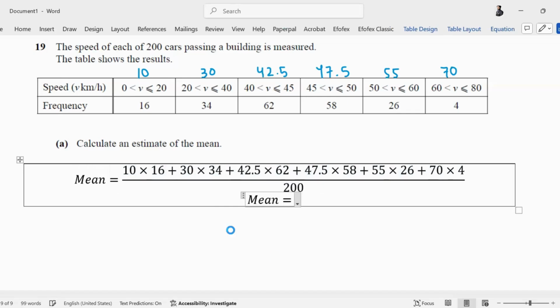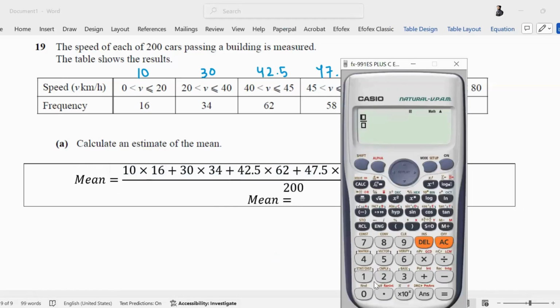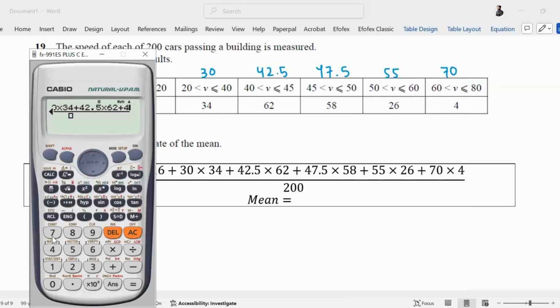So the mean speed, we should be ending up with 10 into 16 plus 30 into 34 plus 42.5 into 62 plus 47.5 into 58 plus 55 into 26 plus 70 times 4.